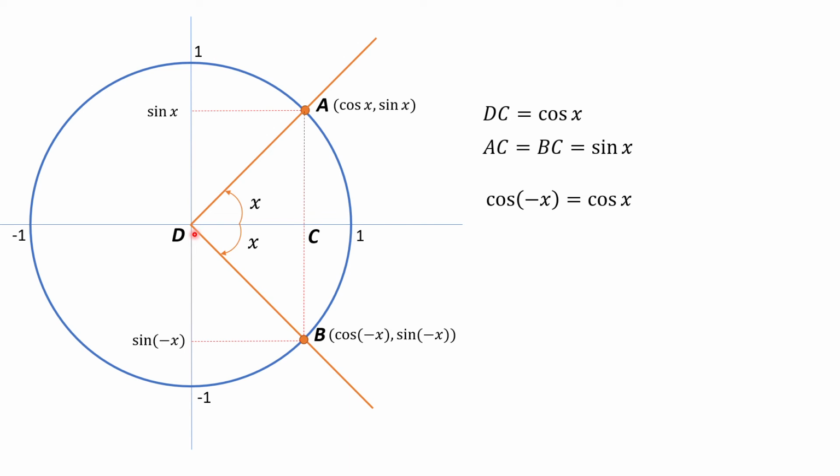Because of that, they are equal in magnitude but opposite in sign. So sine of minus x is equal to minus sine x.